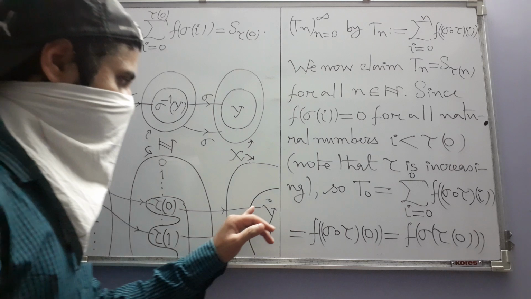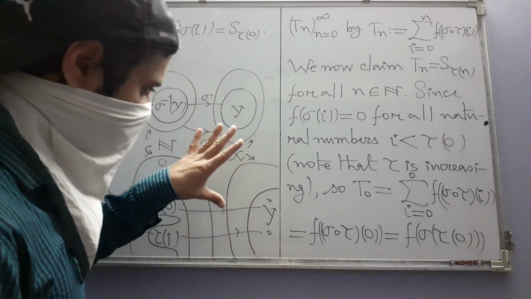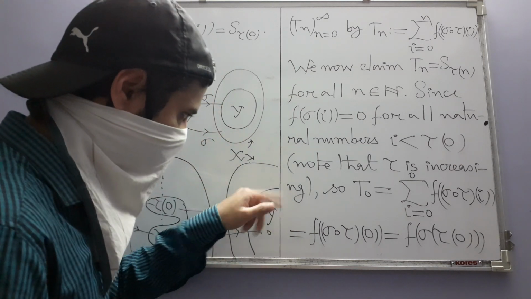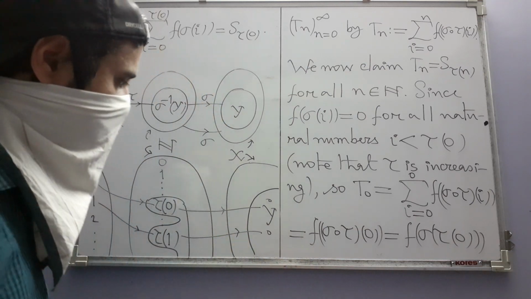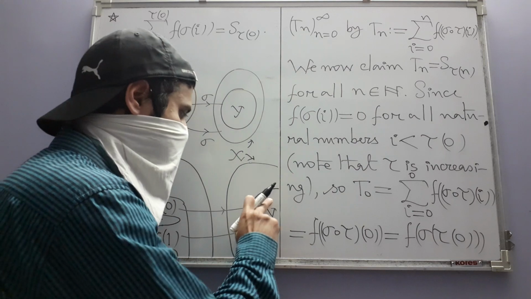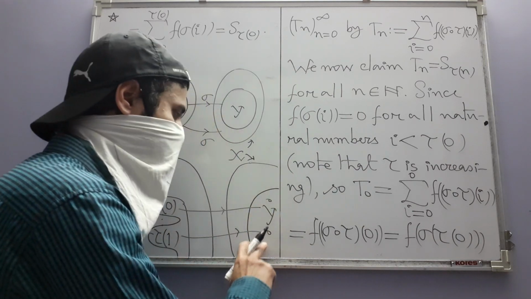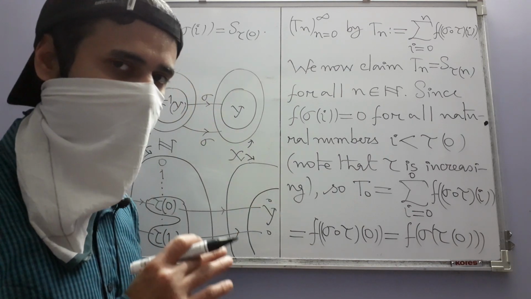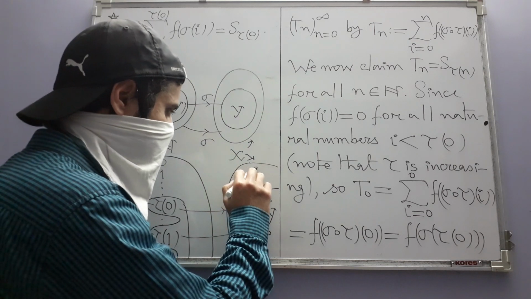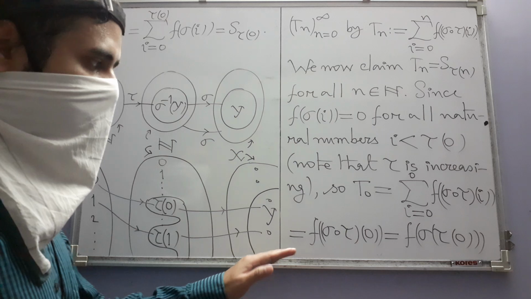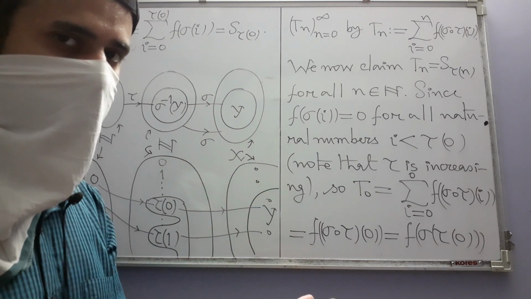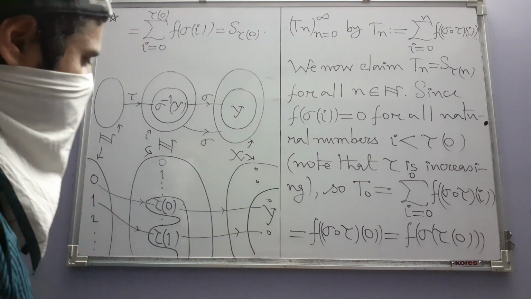And on these elements, actually we are applying the function f and getting real numbers. So only the elements in y contribute to non-zero values of f. The other elements outside of y which lie in x contribute 0, that is 0 f values.